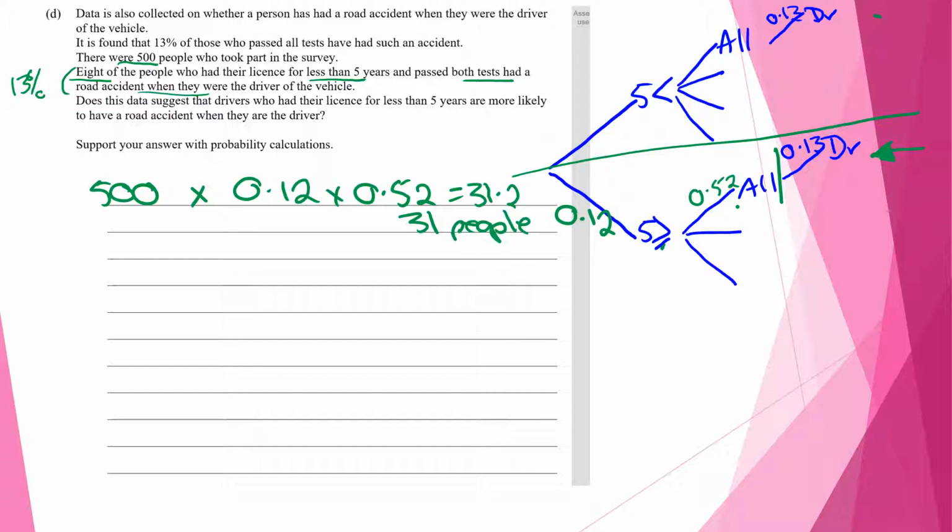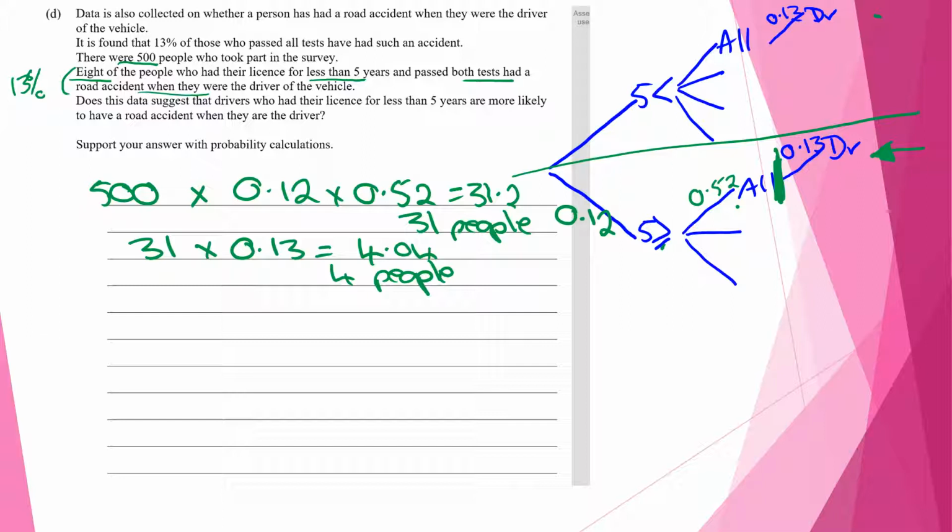So 31 people out of the 500 had their driver's license for 5 years or less and passed both tests. So just that part of the tree down below. Okay, 31 people were in that group. So we know that 13% of them were drivers of an accident. So 31 people times the 13% gives us 4.04, or 4 people.